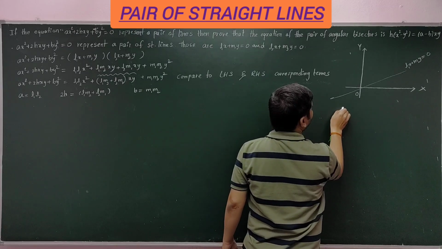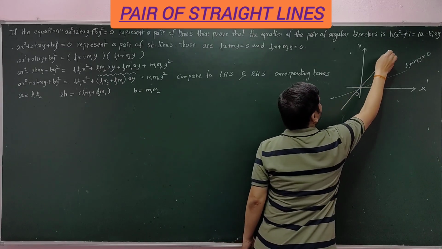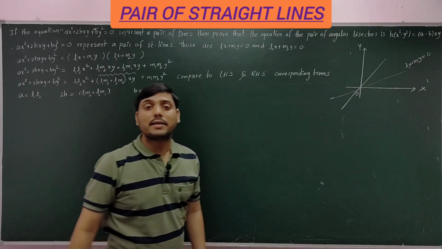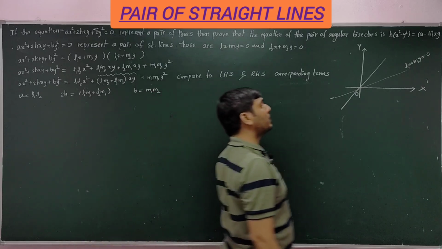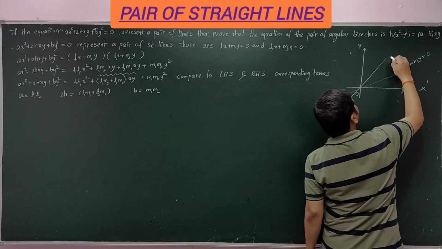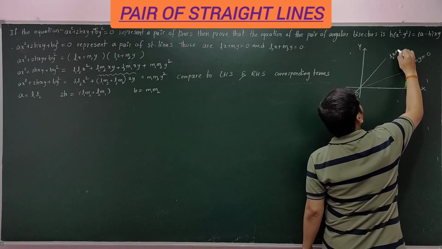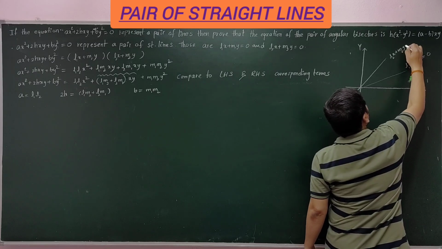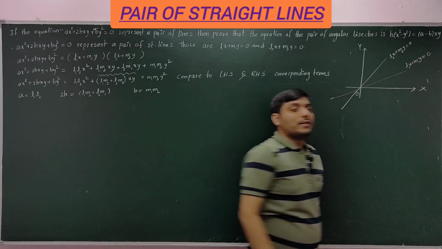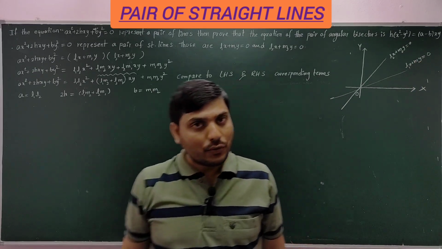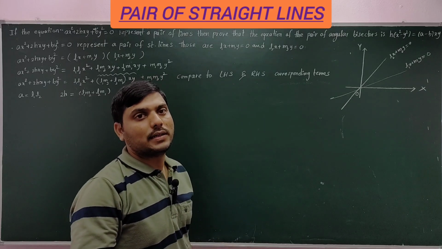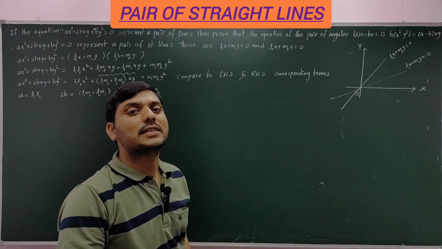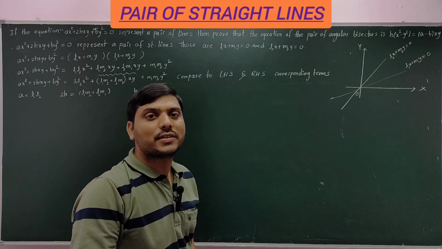This line represents L2x plus M2y equal to 0. These two straight lines are surely passing through the origin because these lines do not have a constant.